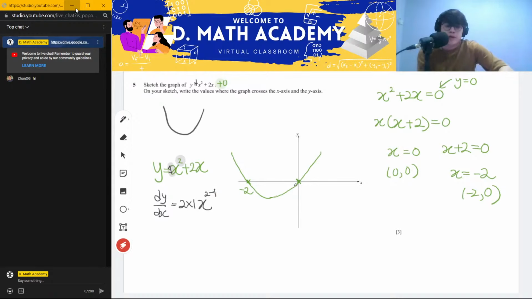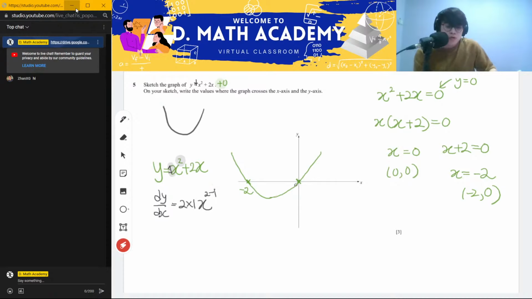Let me recap the steps here. Transfer the power out, multiply with the values at the front. This is how the 2 times 1 comes about. And because I transferred out the power, now the power will be decreased by 1.